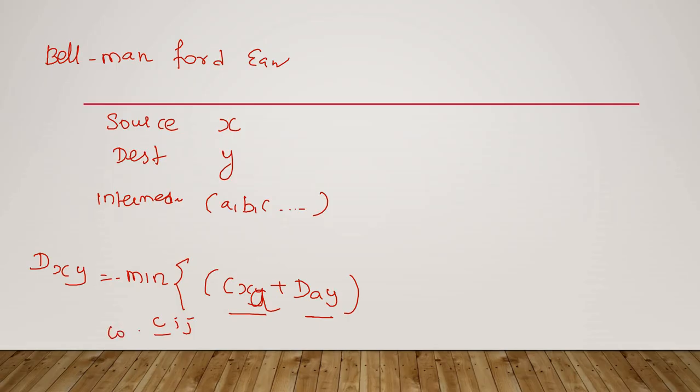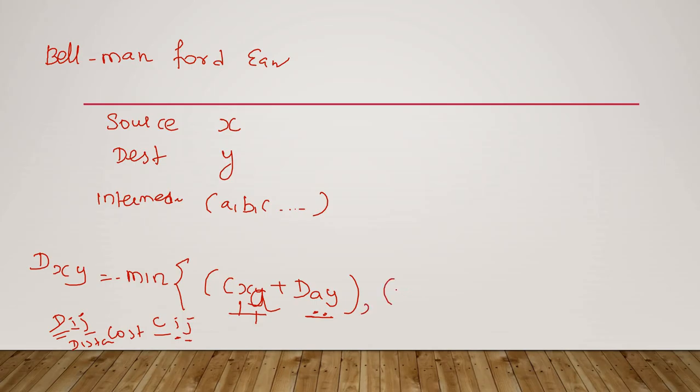So cxa and dya, where cij is the general format, means the cost between i and j. So cost of x node and then a. And similarly dij is nothing but the distance between i and j, so the distance between a and y is going to be calculated.